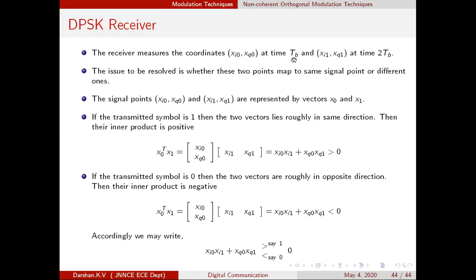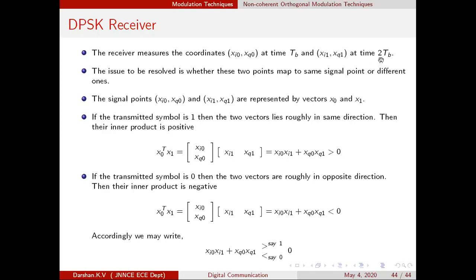From 0 to TB, whatever signal you are receiving is represented as xi0, xq0. What are these xi0 and xq0? The in phase component and quadrature phase component. The signal is represented in the form of a point. So what does 0 represent? The signal received at time TB.